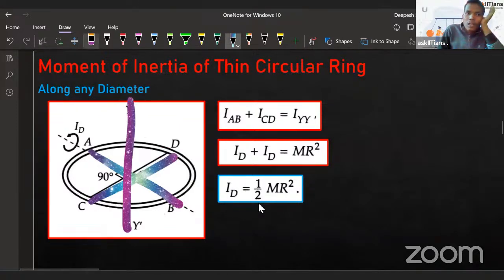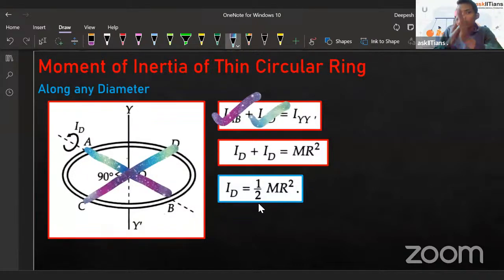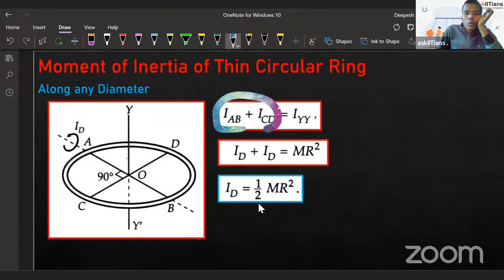According to the theorem of perpendicular axis, the moment of inertia along AB, a diameter, plus along CD, a diameter, gives the total moment of inertia along this axis, YY. Very simple. Because both are diameters, the moment of inertia along them will be equal, which is ID plus ID.